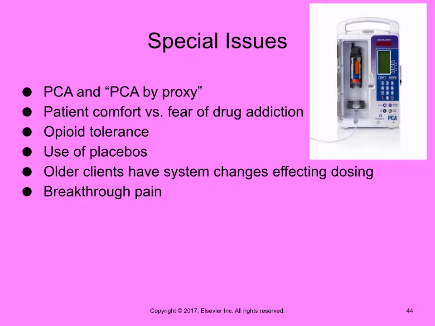And they may be reluctant to report the pain and reluctant to push the button. So you always assess, get a history at the end of each shift from the pump to see how many times they've used it, and do they understand they're supposed to press the button? Are they able to? Are they alert enough to do it?